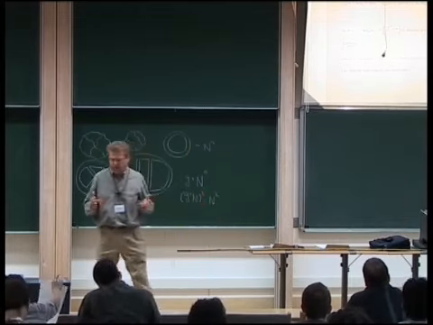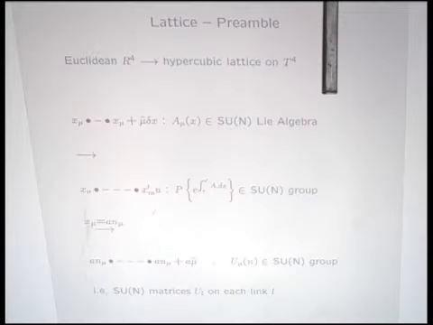Well, the lattice is actually just a tool. What we're trying to do is to set up our field theory in such a way that we can calculate Feynman path integrals numerically. You have this integral over all possible fields, and the fields are defined over your space-time. A numerical integration of that is clearly impossible unless you turn it into a problem which has a finite number of degrees of freedom.